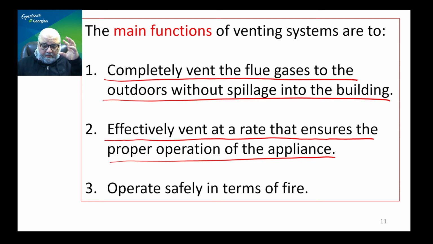Whatever your appliance is putting out in terms of its capacity, the venting system should match that capacity or be just slightly bigger, not smaller. And third, operate safely in terms of fire. Obviously, we don't want to be dealing with hazards there.